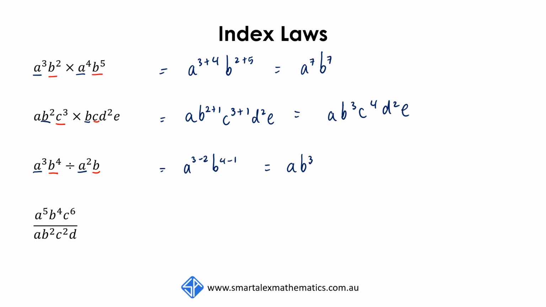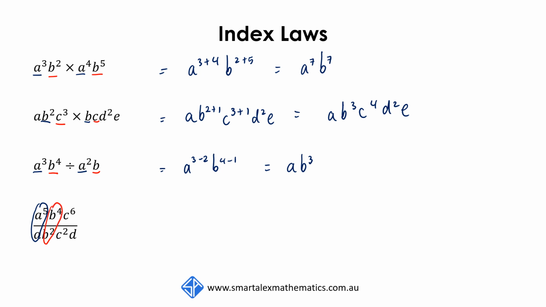And in the last example, instead of using the division sign, we now have the fraction bar. But the fraction bar is exactly the same as dividing. So we're going to start with the same process, identify the common bases. We've got a to the 5 divided by a. We also have b to the 4 divided by b squared.